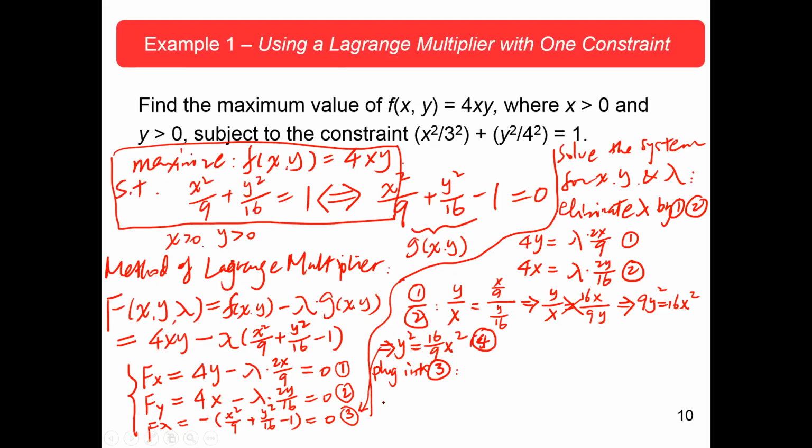It won't change the equation. So I have x squared over 9 plus y squared over 16, so 16 over 9 x squared over 16, minus 1 equals 0, right?